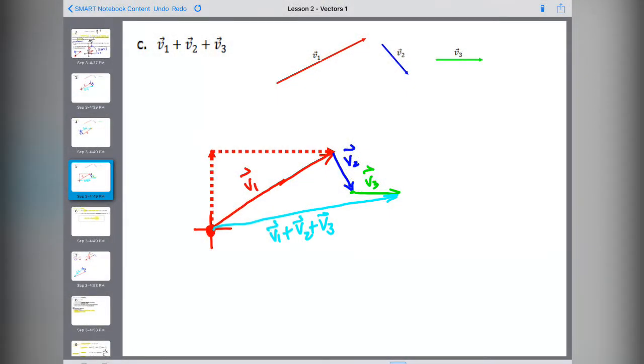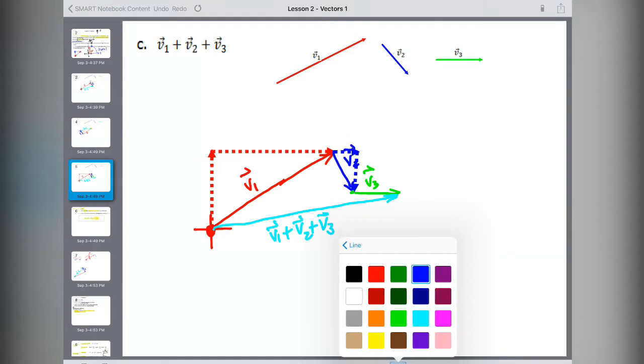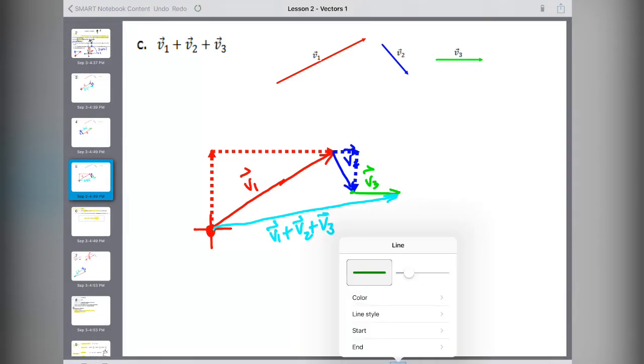Then vector 2 is an x and then a y. And then vector 3 is going directly to the right, so it only has an x. So those are all the vectors that I have.